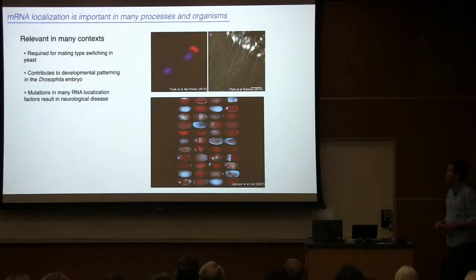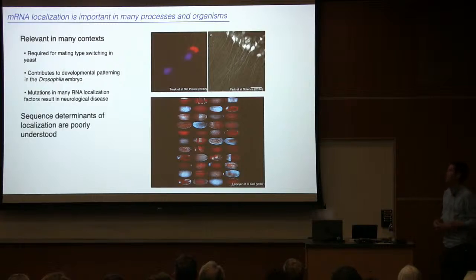Mutations in many of the RNA binding proteins that regulate this process are associated with neurological disease in humans. Despite this extreme importance, the sequence determinants of how these RNAs get to where they're going are really poorly understood.